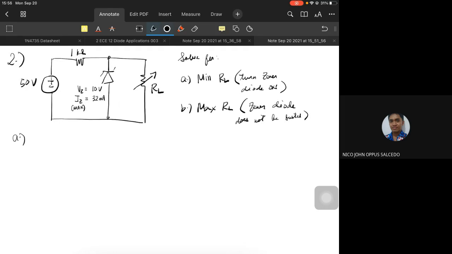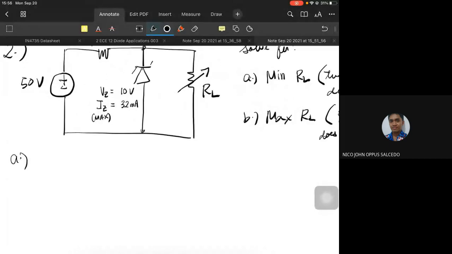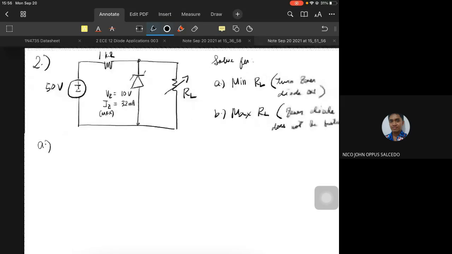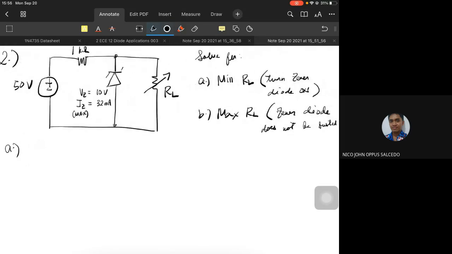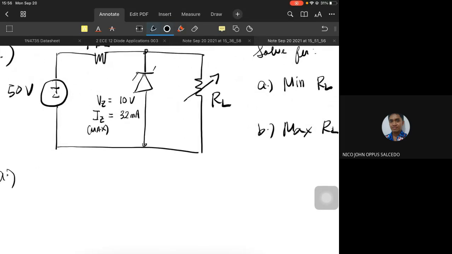To solve for the minimum value of RL, actually, you only need to use voltage divider. So when we say the minimum RL to turn the Zener diode on, the moment it turns on, automatic that the voltage drop across the diode and the load will be equal to 10 volts.